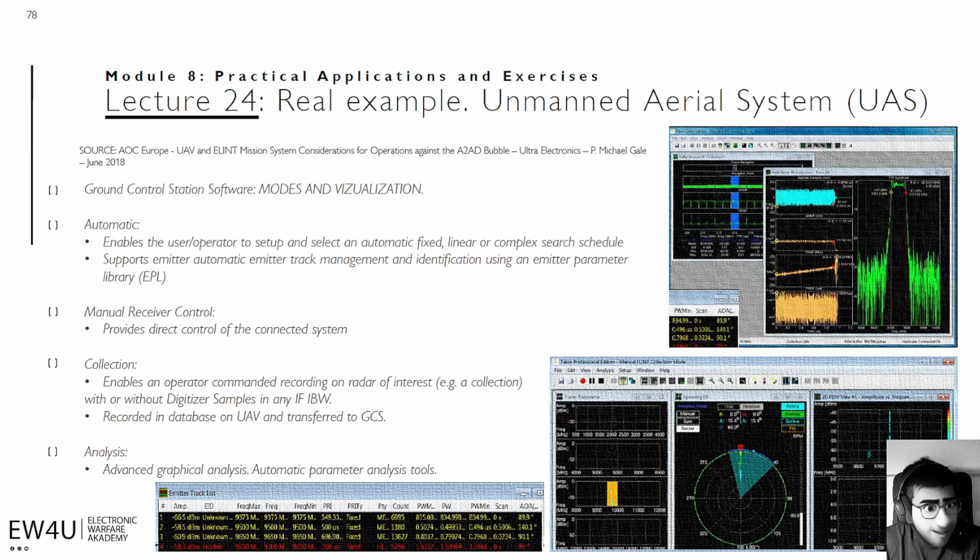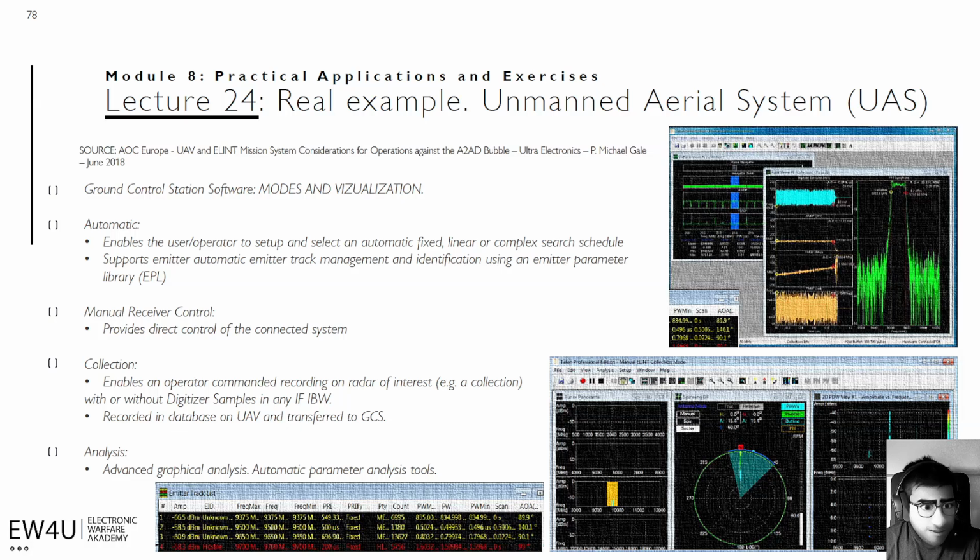This happens automatically. It supports emitter automatic track management, identification, and the emitter parameter list, EPL. Moreover, it provides direct control of the connected system and equipment. So sensors, preamps, digital receivers, everything is controlled.